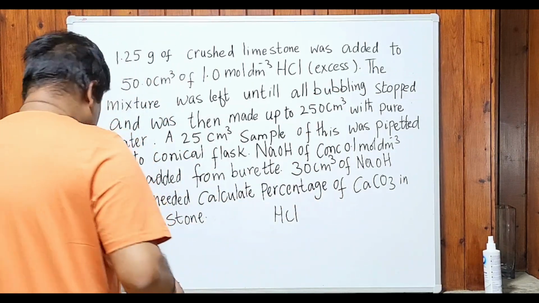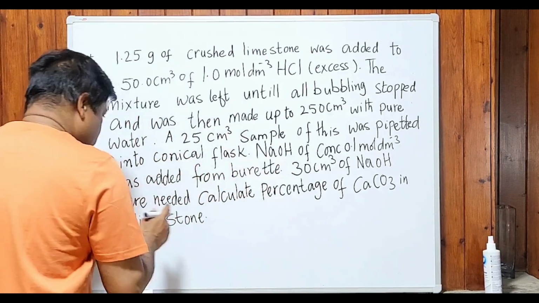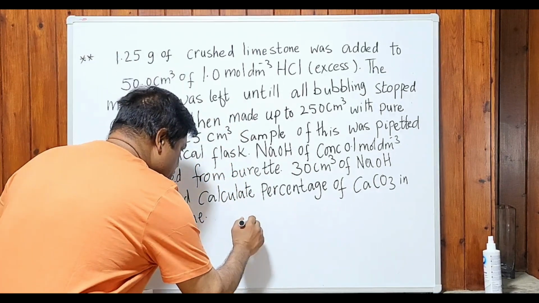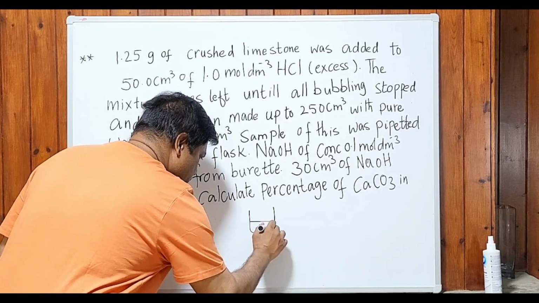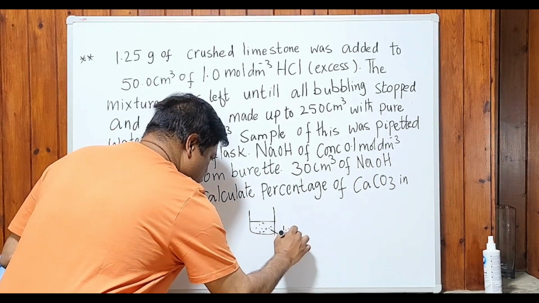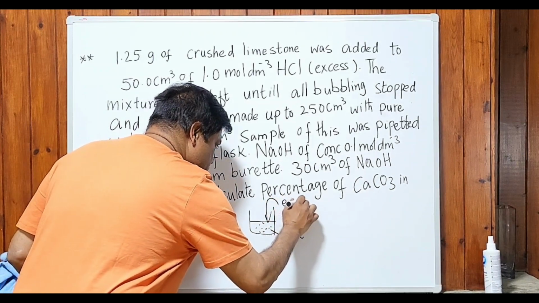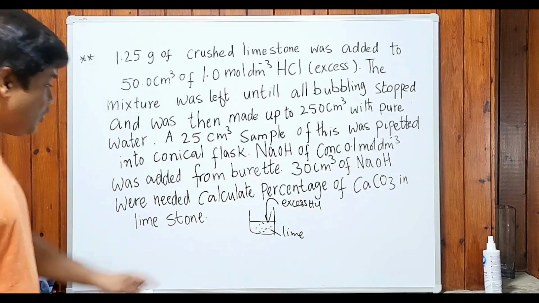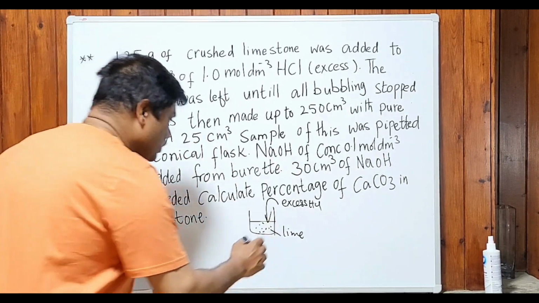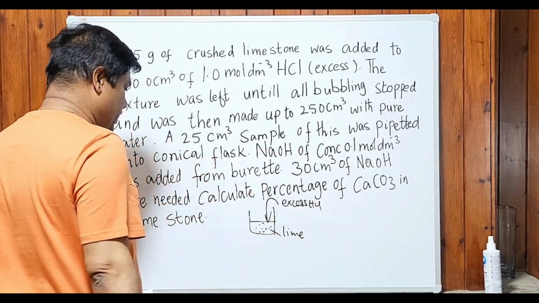So look here. You crush the limestone into pieces. Then that's my limestone, and we are adding excess HCl. When you add HCl to the limestone, you have a reaction with bubbling of carbon dioxide gas.